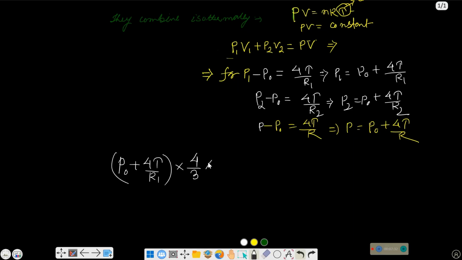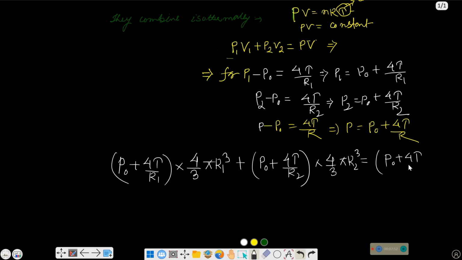V1 is 4 by 3 pi R1 cube, plus P2, which is P0 plus 4T by R2, into 4 by 3 pi R2 cube, and for P it is P0 plus 4T by R into 4 by 3 pi R cube. Now we can cancel these 4 by 3 pi from the left hand side and right hand side.